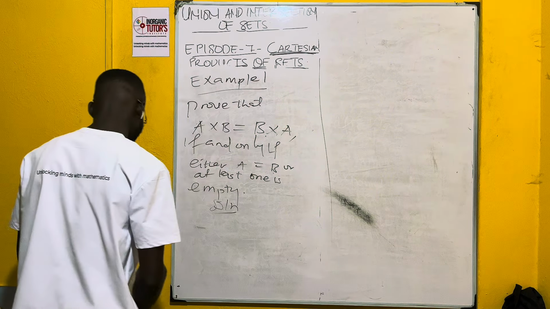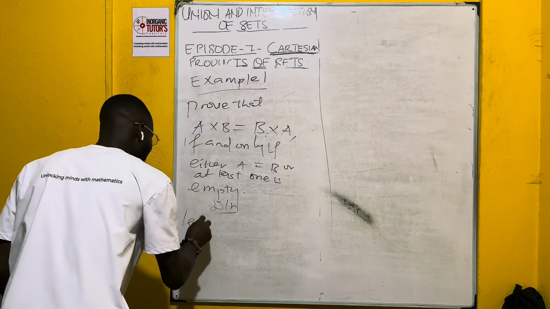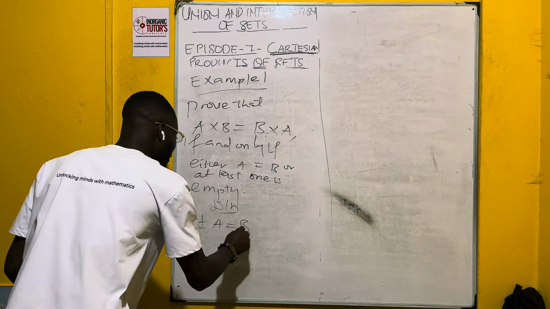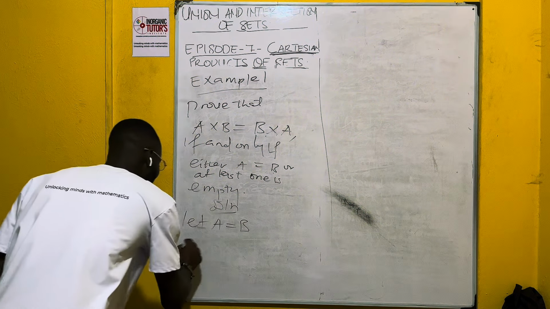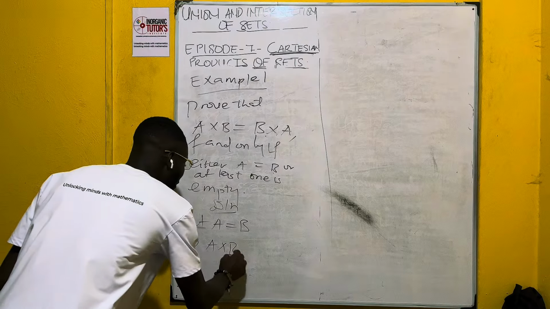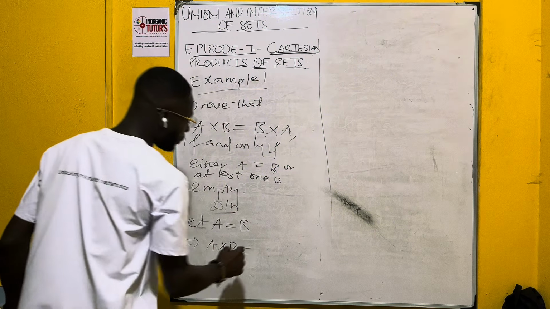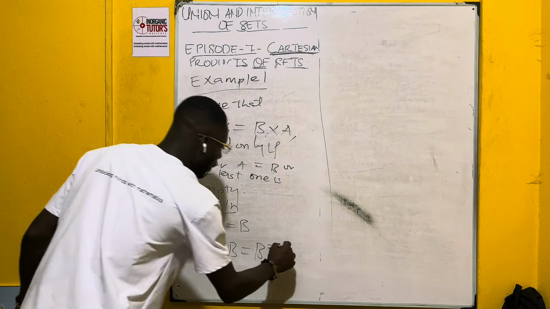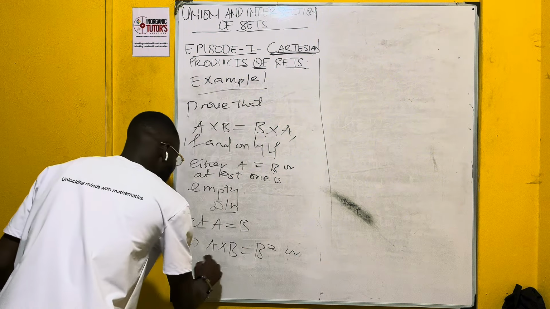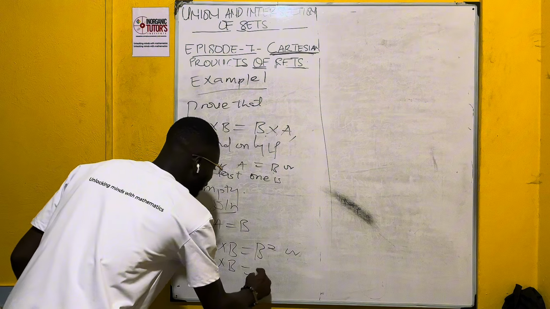So we say that let A equal B. So this implies that A cross B will be equal to B squared, or A cross B will be equal to A squared.